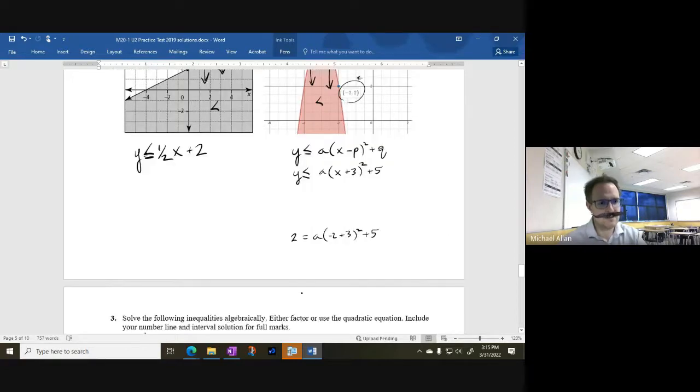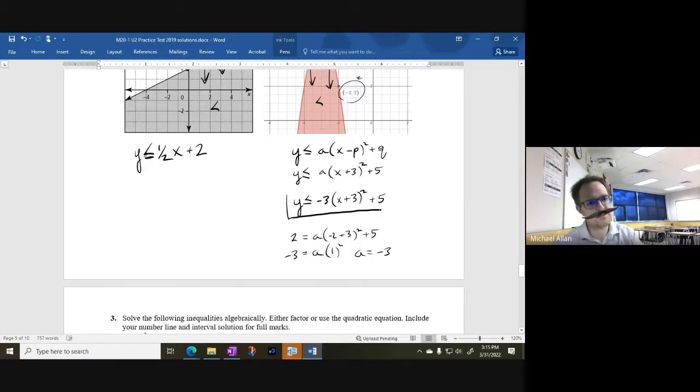Okay. Minus the 5 over, I get a -3, which is a good sign because it's negative. This is going to be 1 squared. Oh, it looks like a is going to be -3. So I'll just divide the 1 squared, which is 1, over to the other side. Okay, so we know the equation. I'm going to write it out here. There we go. Put a box around that. Seems like a lot of stuff there.